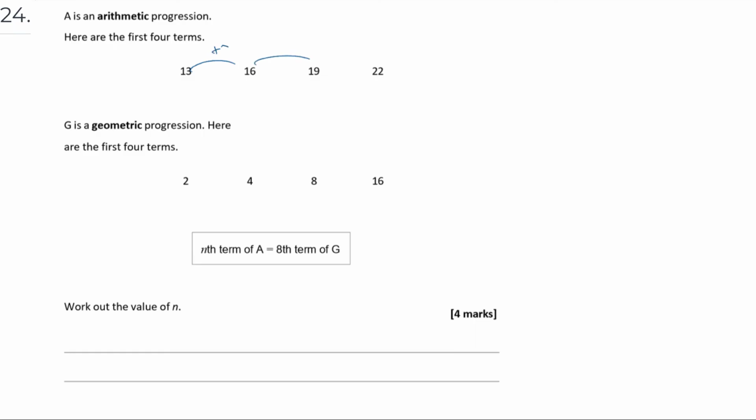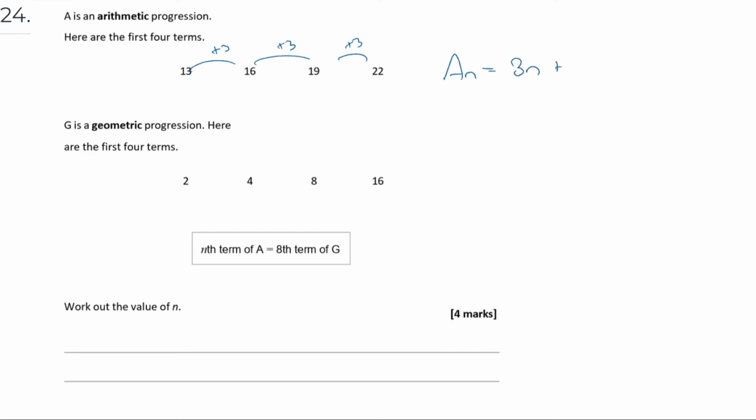Plus 3, plus 3, plus 3. So the nth term has something to do with, let's call it a_n, since this is A. a_n, the nth term of A, is going to be equal to 3n plus what?